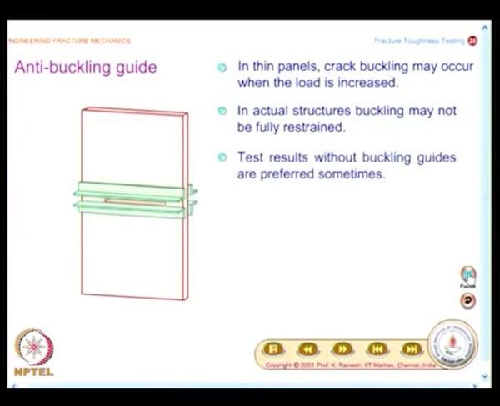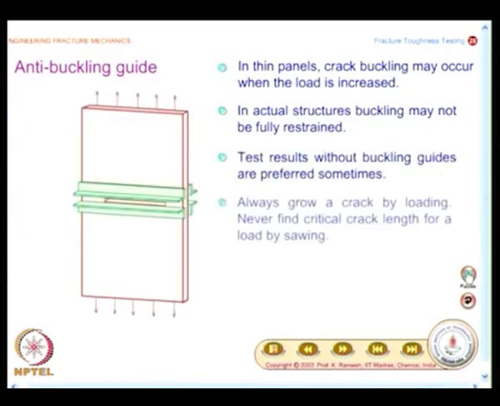In actual structures, buckling may not be fully restrained. So, what people say is, test results without buckling guides are preferred sometimes.